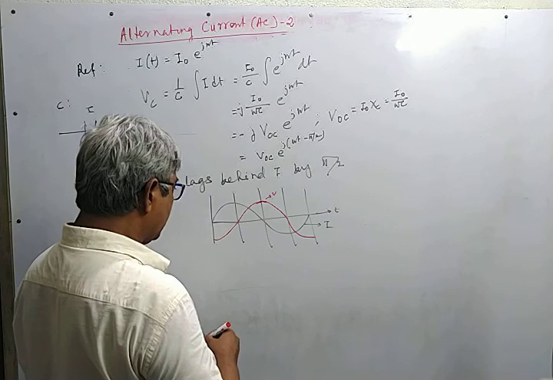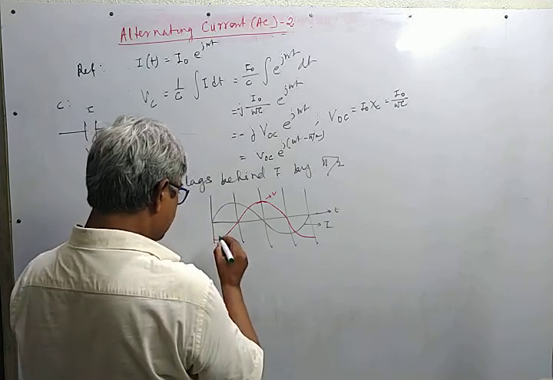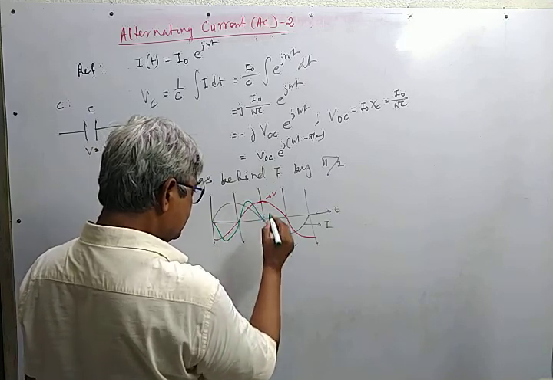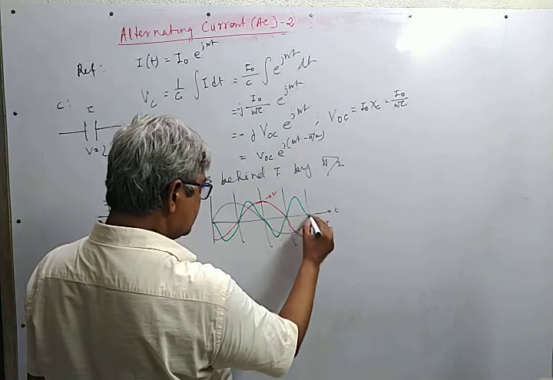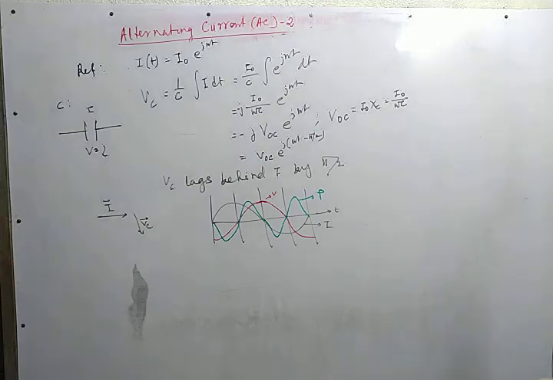And the power curve would be this. Again, over a complete cycle there is no power dissipation and the power factor is 0 as phi is pi by 2.